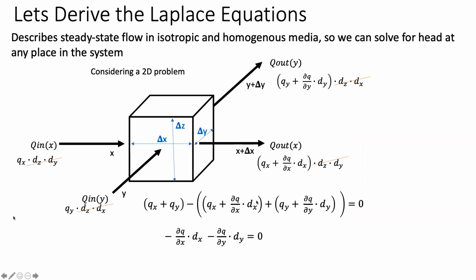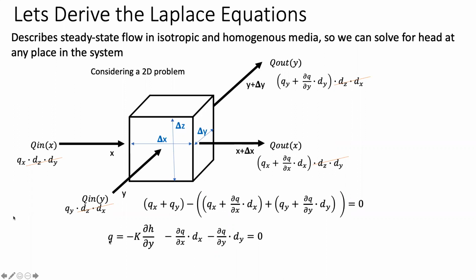And so if we rearrange this equation, what we actually end up with is a change in the flux over X, times X, minus a change in the flux over Y, over this distance of Y. So at any point along Y, we could start to solve the equation.